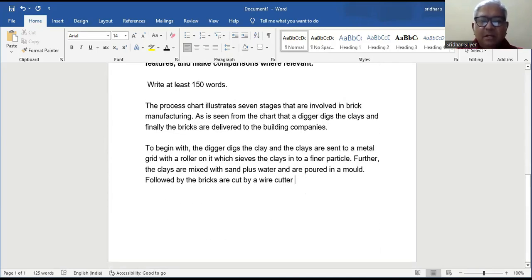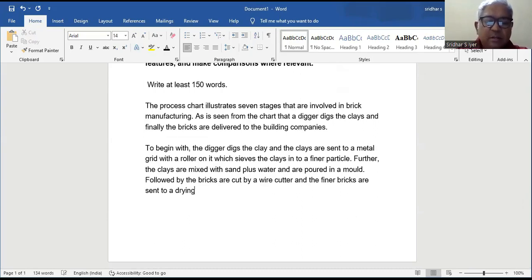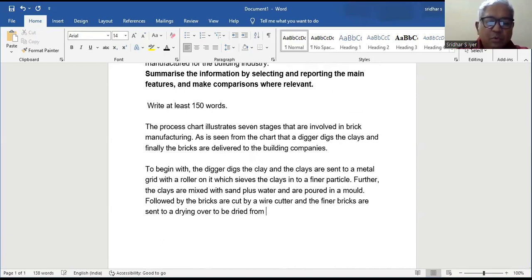Followed by the bricks are cut by a wire cutter and the finer bricks are sent to a drying oven to be dried from 24 to 48 hours. Okay.